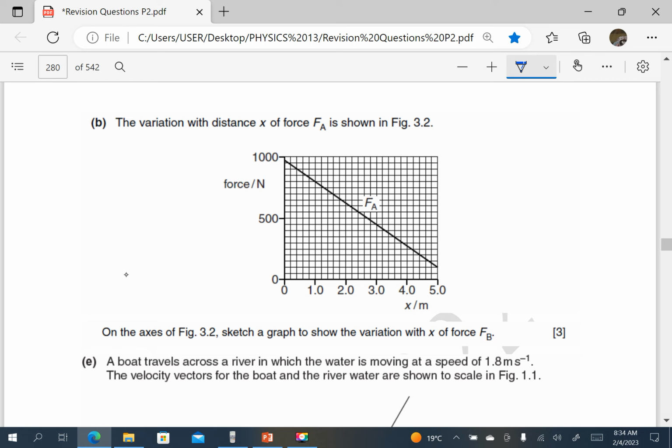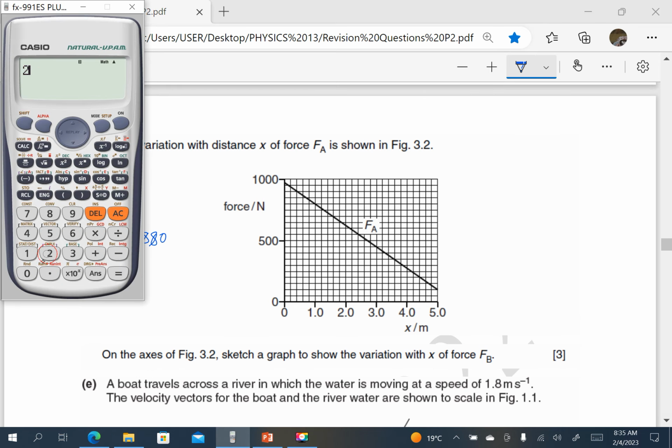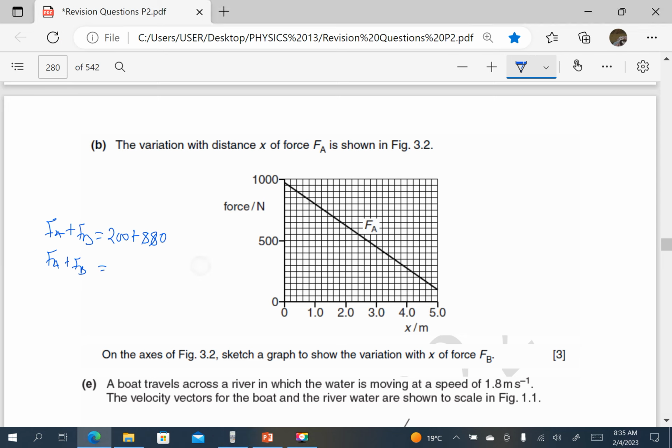Note that the downward force, we have said that Fa plus Fb should always be equal to 200 downwards plus 880. In other words, Fa plus Fb should always be 200 plus 880, that is 1080. So the sum is always going to be 1080.